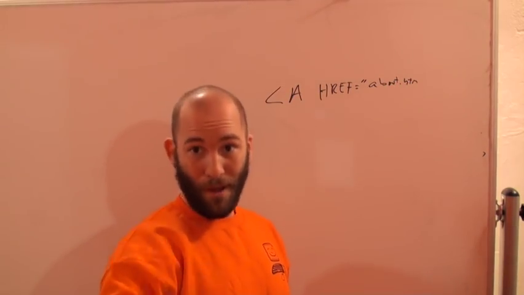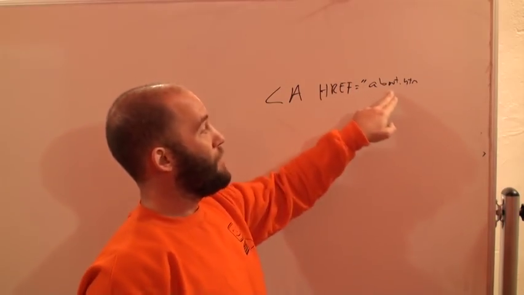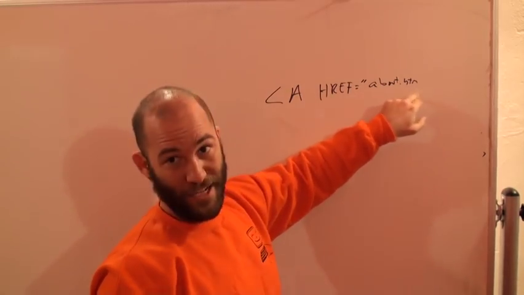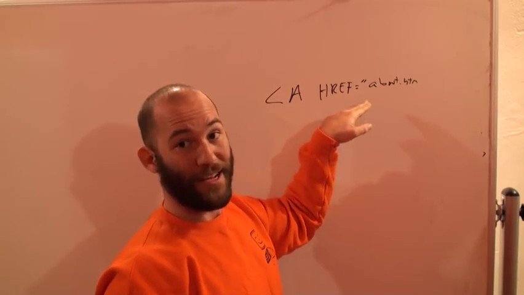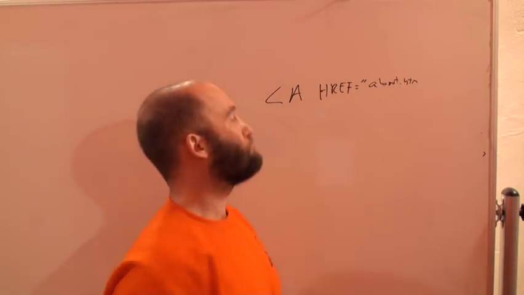Depends on what you code, but you have to write in exactly what it is. So if you made the about page .html, then you have to do about.html. If you made the about page about.htm, then you just type in about.htm.